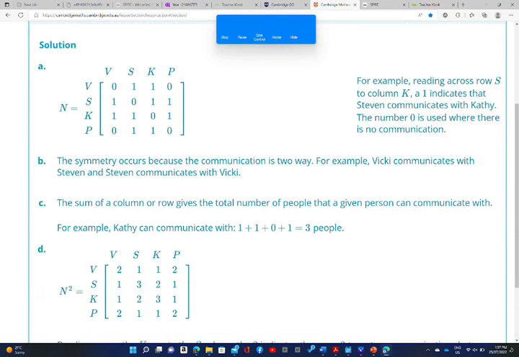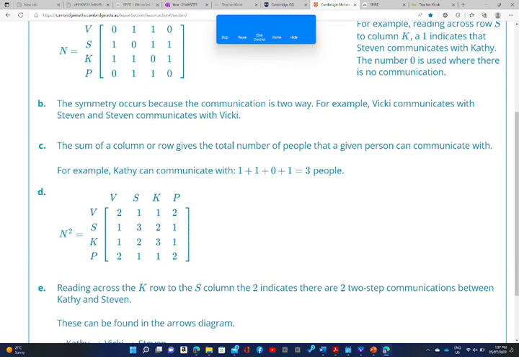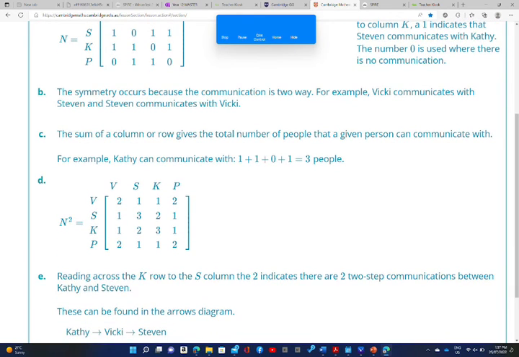So for example, if you look at D here that they've given you, Vicky to Vicky now has 2 connections. And what that means is that Vicky can contact herself or communicate with herself through other people. For example, you might ask somebody to remind you about something, to call you and remind you about something, right?